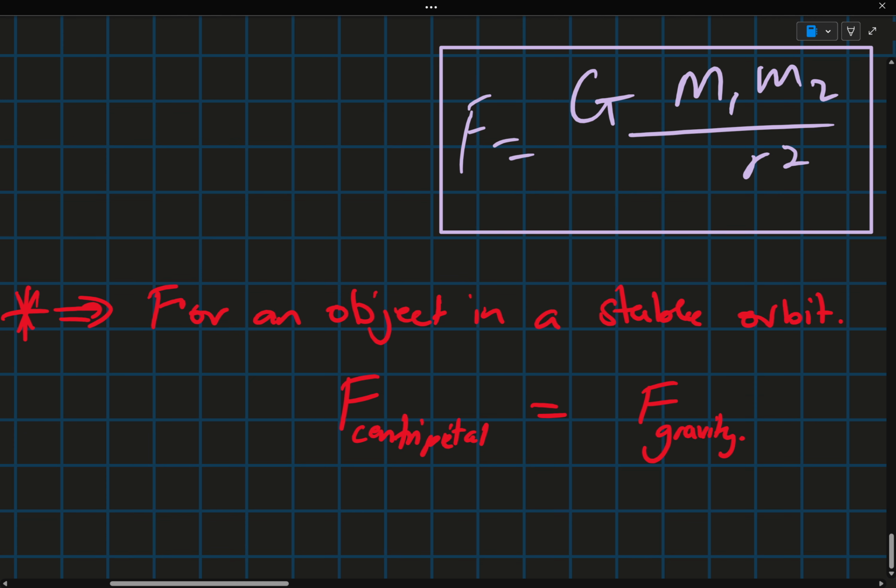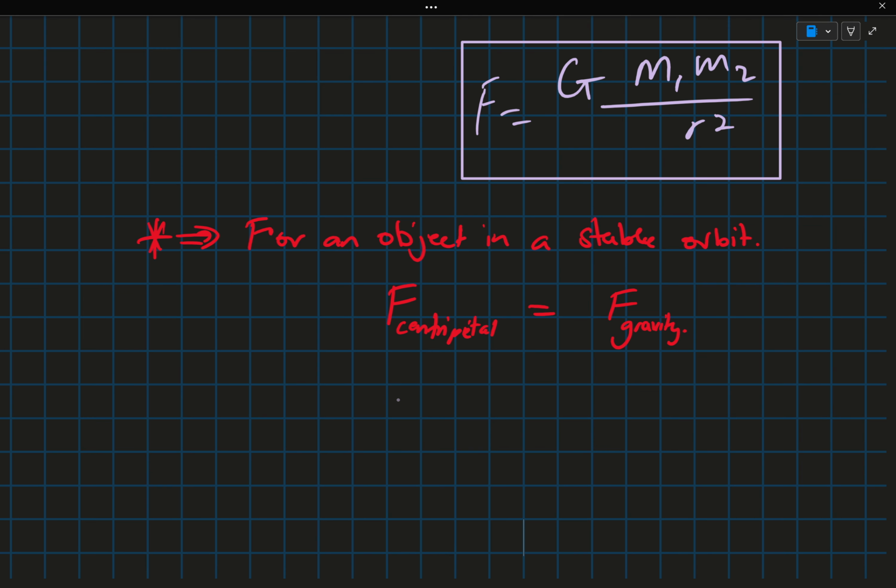So in order to maintain a steady orbit, the gravitational force must equal the centripetal force. In other words, m v squared over r is equal to G m of the Earth m over r squared.